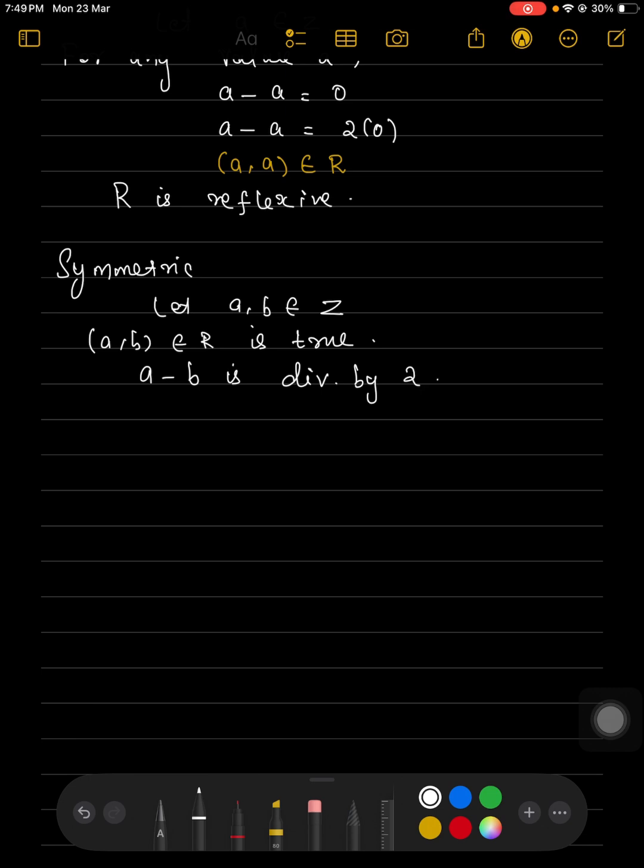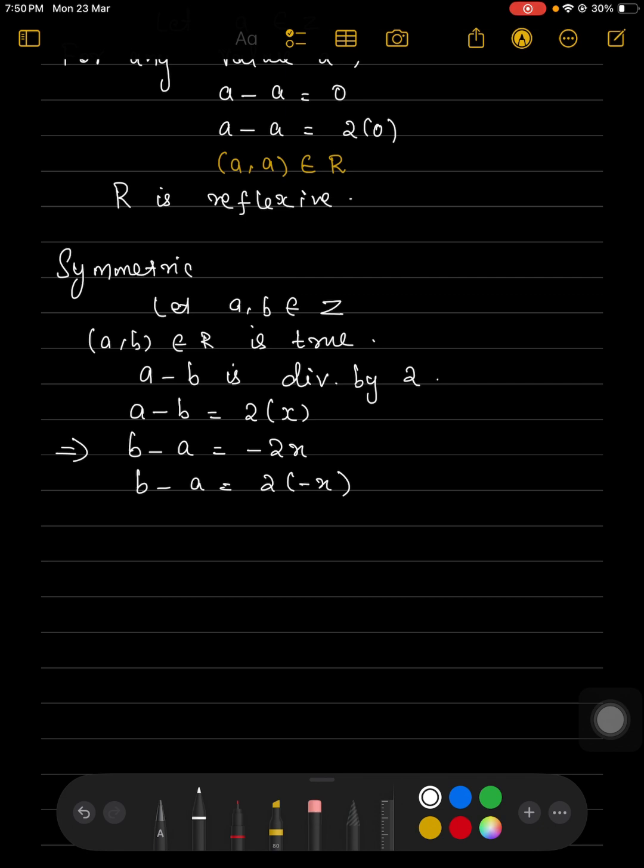This is using words. So mathematically, can I write a minus b is 2 times some integer, let's say x, where x is an integer? If it is divisible by 2, I can write it as 2 times some integer. If a minus b is 2x, what do you say about b minus a? Is b minus a negative 2x? I can also write b minus a as 2 times negative x.